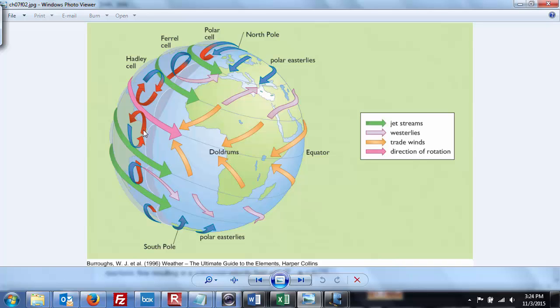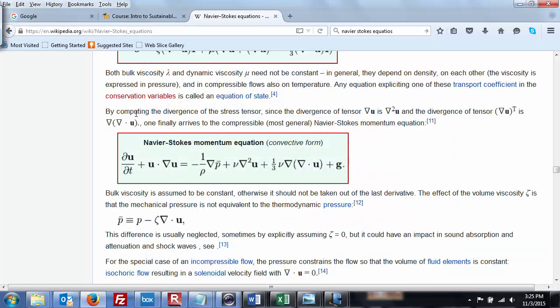Normally we think it's blowing east and west or north and south. If it's blowing northeast, you have to see how much is in the north direction and how much in the east direction. It also might be blowing up a little bit. So there are three different components to your velocity. This term tells you how quickly the velocity is changing. If the velocity is accelerating, this is positive. If it's decelerating, it's negative.